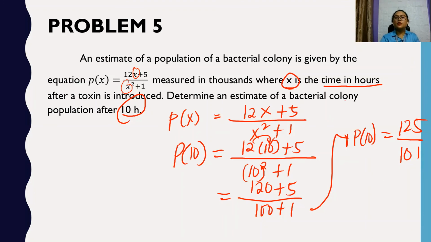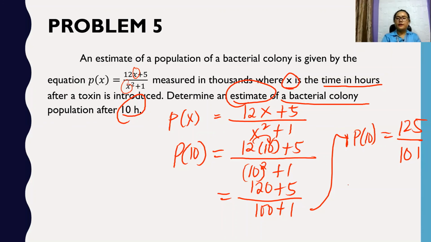Since we're looking for the estimate of the bacterial colony, we will have the decimal answer. So we have to divide 125 by 101.